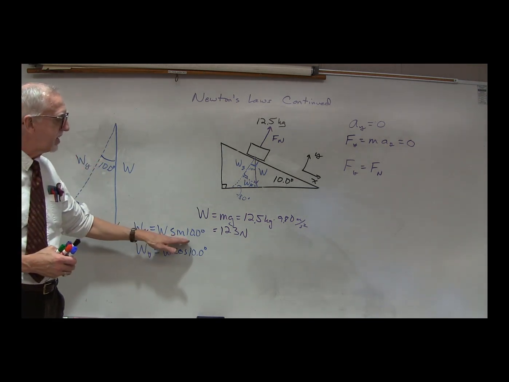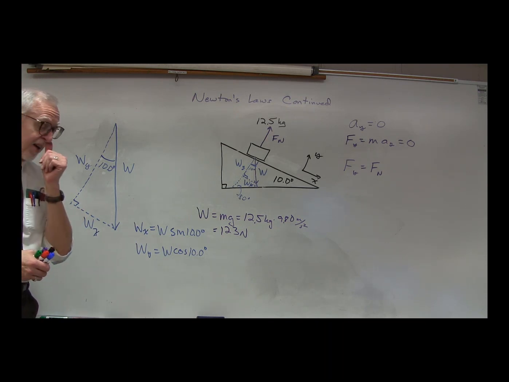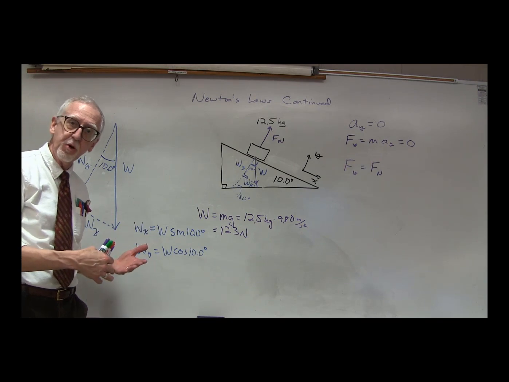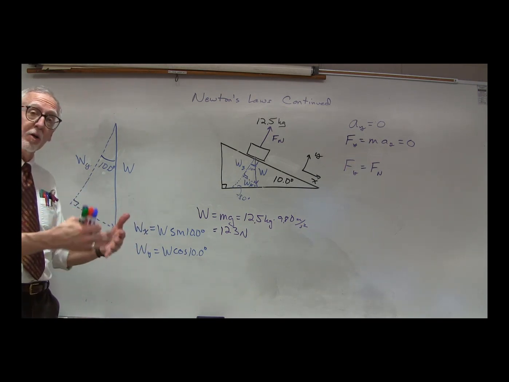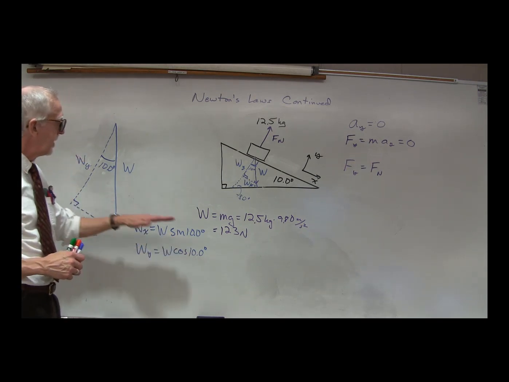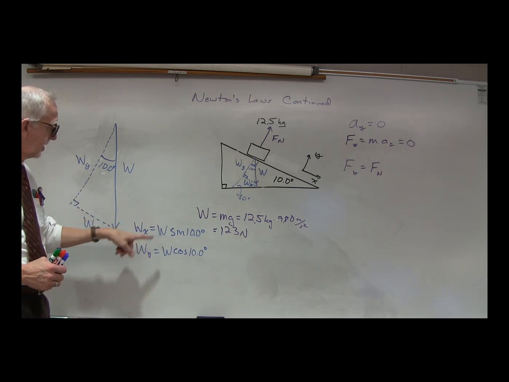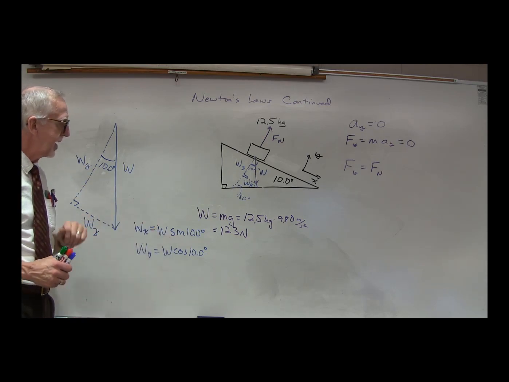So notice these are different than the components we usually have. If we have the angle defined relative to the x-axis, we usually think of the x component going with cosine, the y component going with sine. But in this case, because now we're looking at the y component relative to the vertical, it's going to have the cosine, and the x component has the sine.